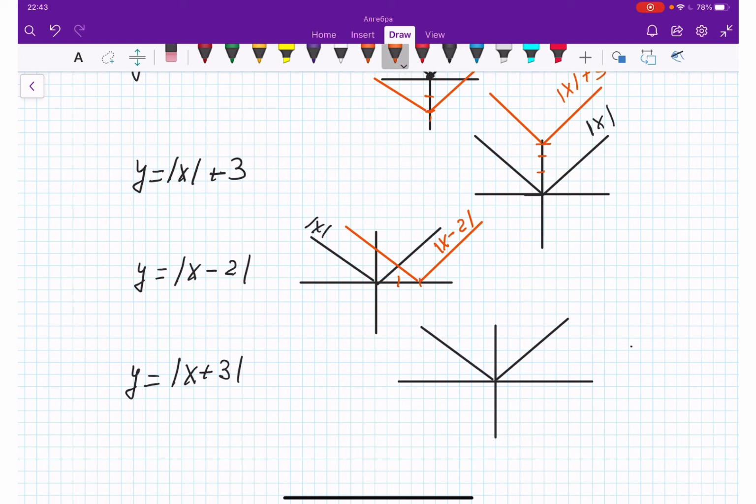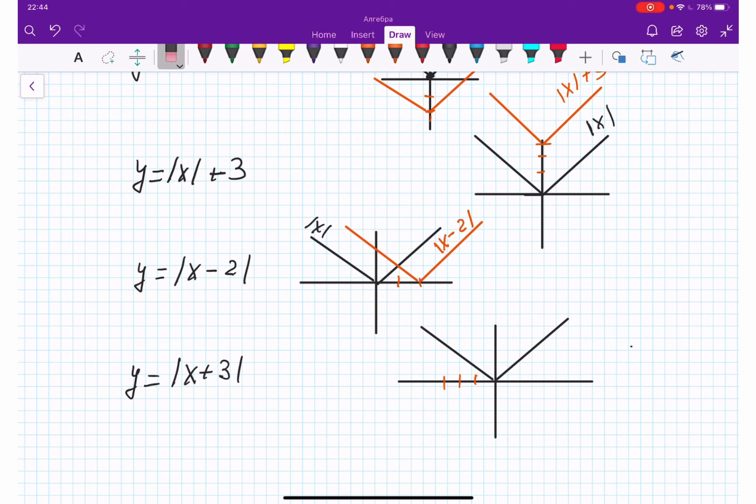And I'm shifting by negative 3. 1, 2, 3. Okay? Oh, hold on, what am I doing?